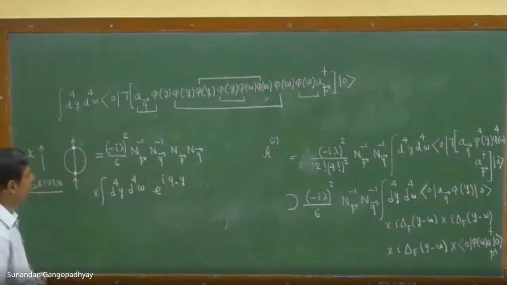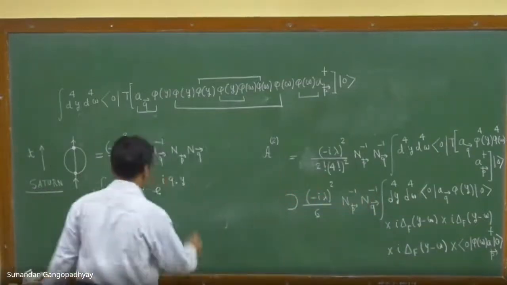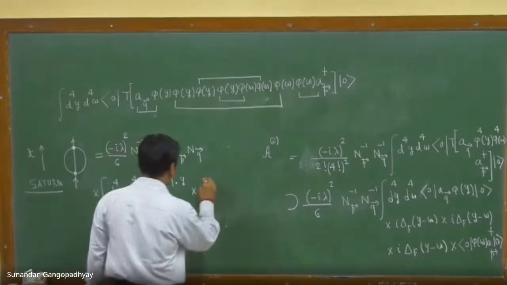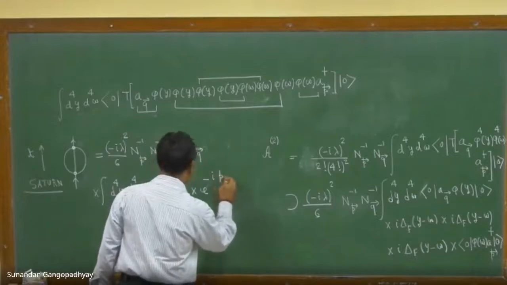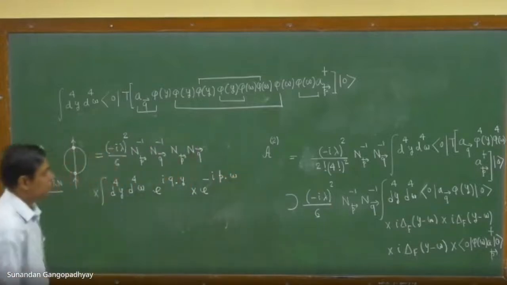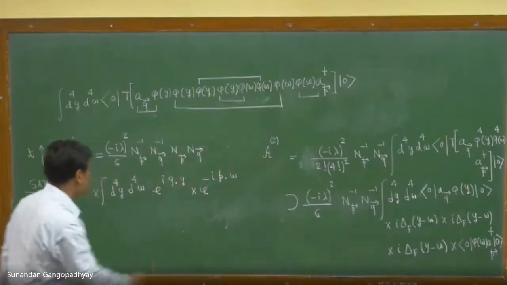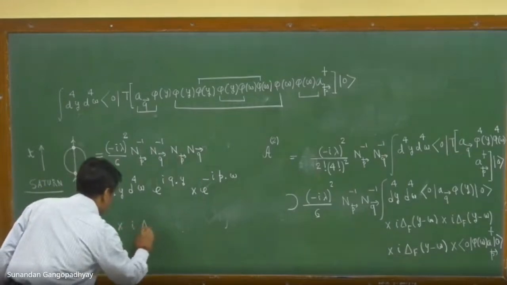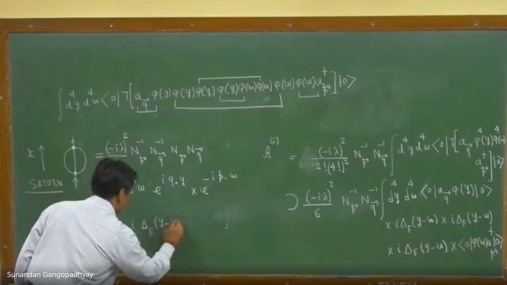So that is the outgoing particle, and from here you will get e to the power of minus i p dot w. So these are now taken care of, and you only have the propagators, the Feynman propagators.